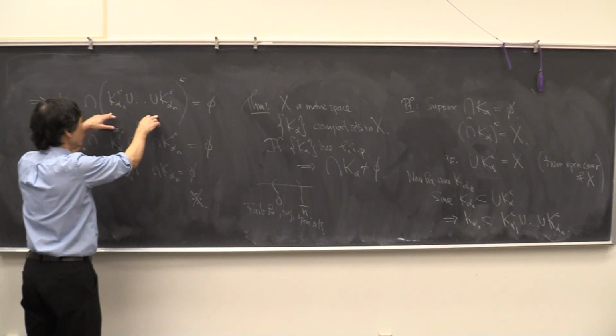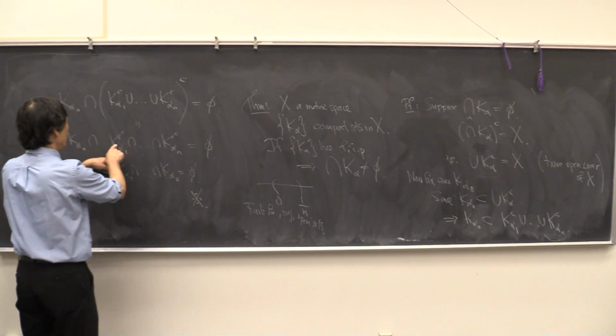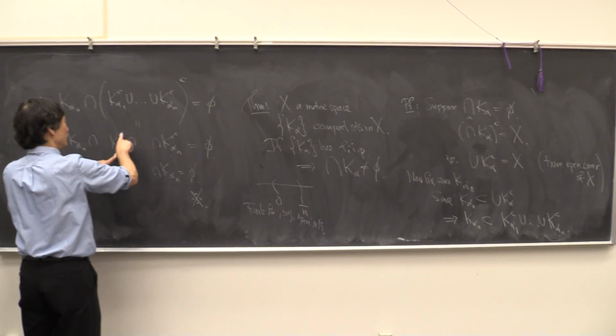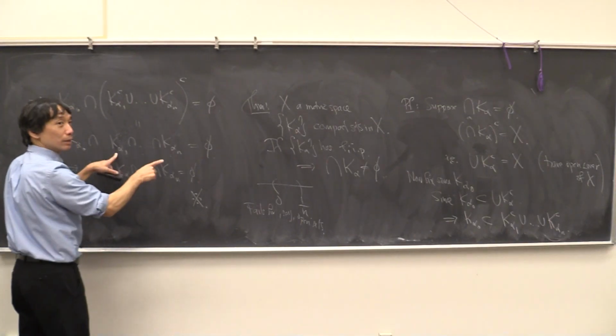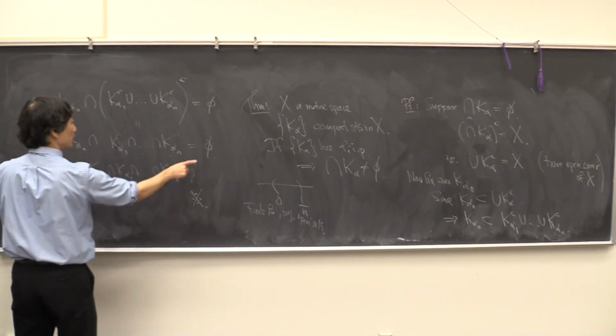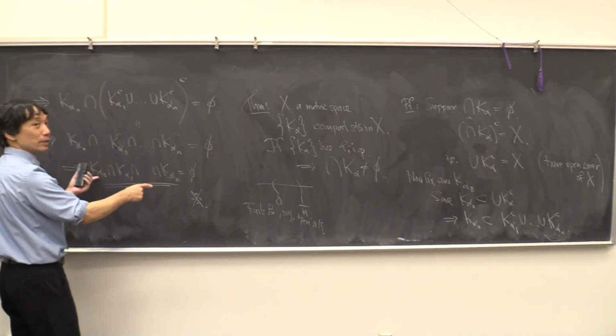So here we get the intersection of the complements. But the complement of the complement itself is just the original, and so we get K. This is empty: the intersection of these finitely many K's is empty.